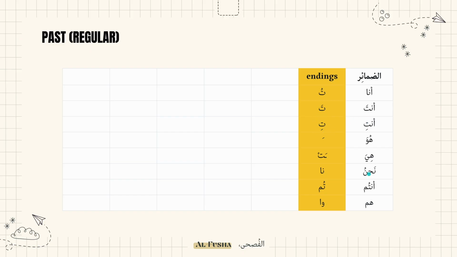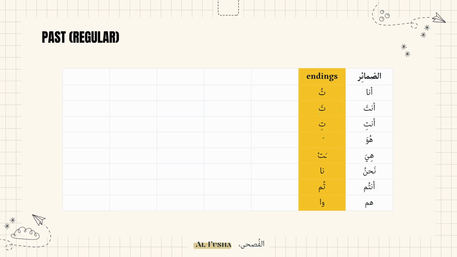So أنت, أنتِ, أنتم, they just follow the rhyme. So you say أنت شربت, أنتِ شربتِ, أنتم شربتم. Okay? They are easy. For أنا, it takes tu. So أنا شربت.